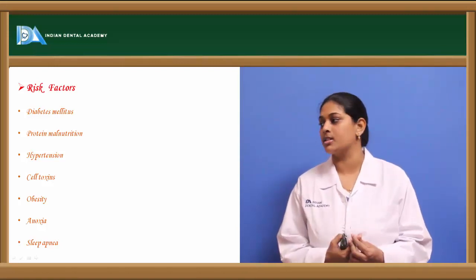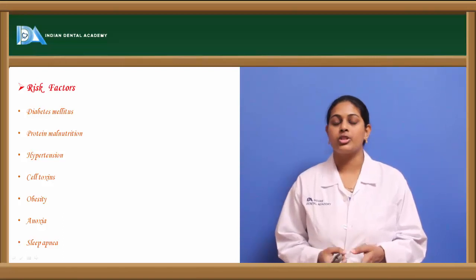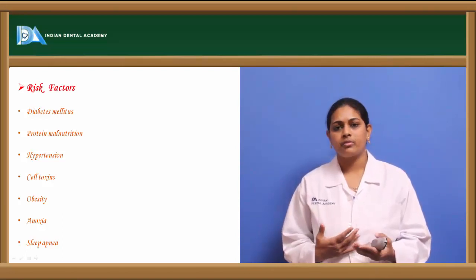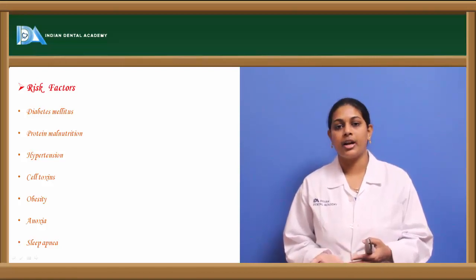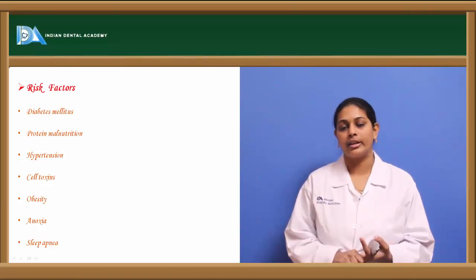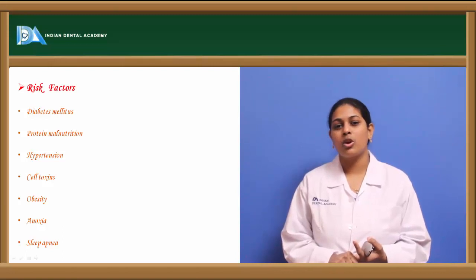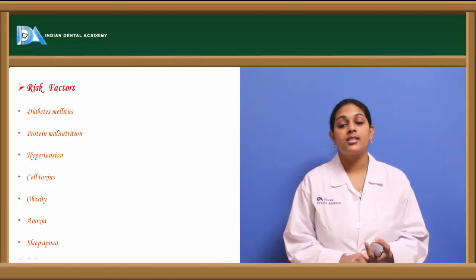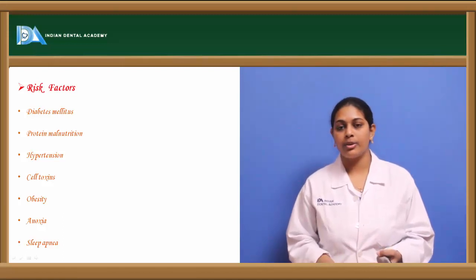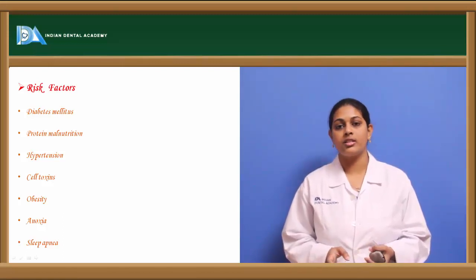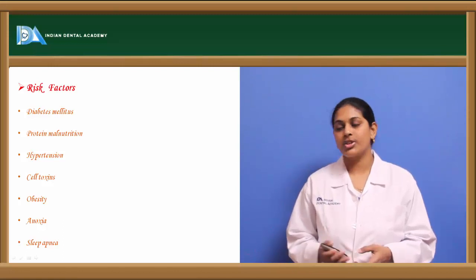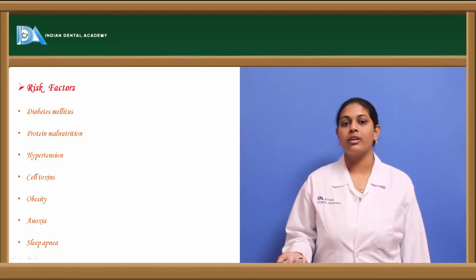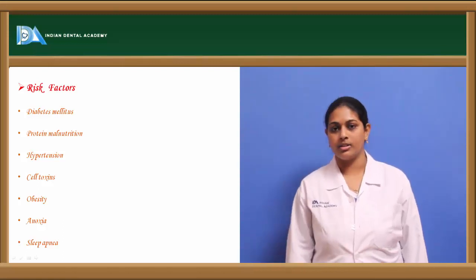Coming to protein malnutrition, because of inadequate intake of protein, the lipid content is accumulated. It is most commonly seen in kwashiorkor, a malnutrition where there is sufficient calorie intake but insufficient protein intake. So this is a risk factor for steatosis.